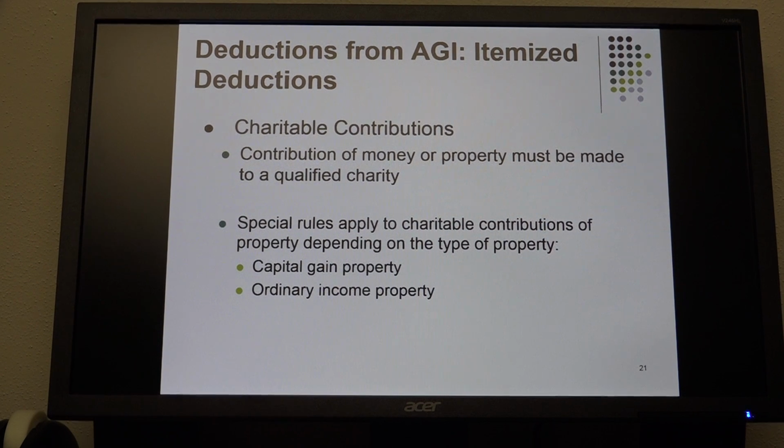So you would go to Publication 78 to find out if it's a qualified charity. Note that political and campaign contributions are not considered charitable contributions and are not deductible, even though they arguably indirectly support the government.